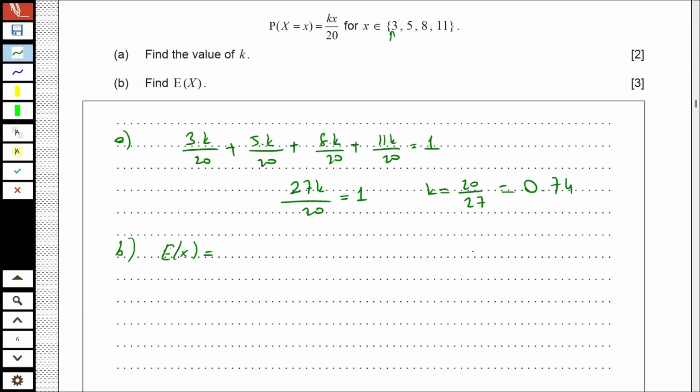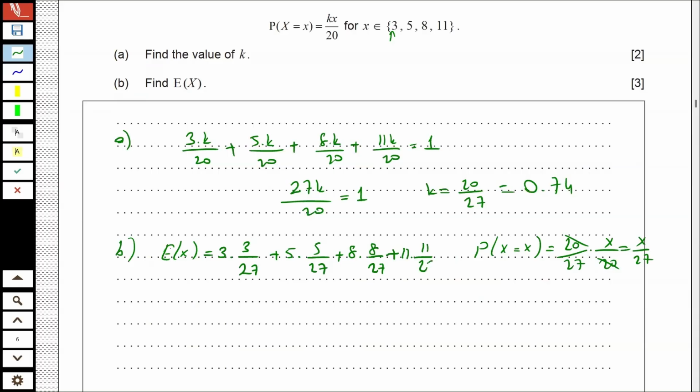For example, we know that the probability function is, we found the k, 20 divided by 27 times x over 20, which means x over 27. In this case, the first value is 3. We will multiply 3 by its probability, plus 5 times its probability, 8 times its probability, plus 11 times its probability.